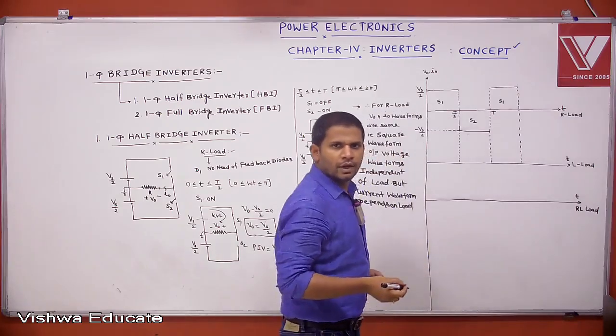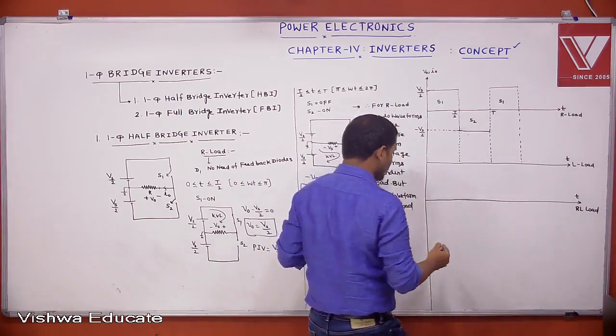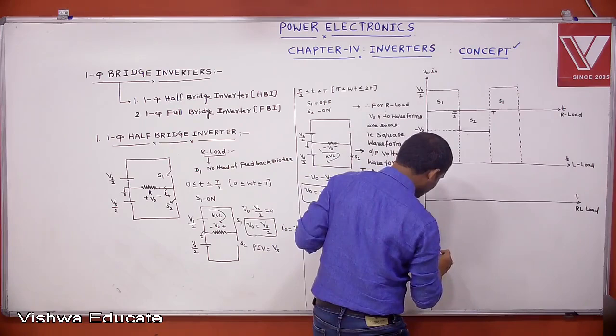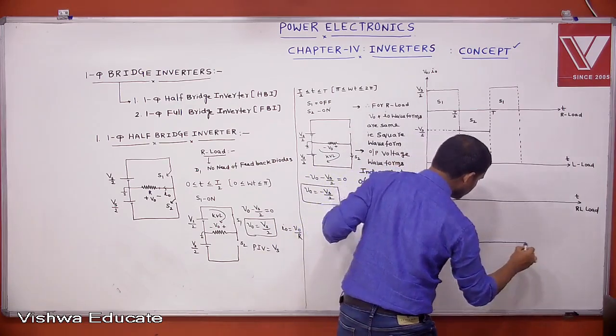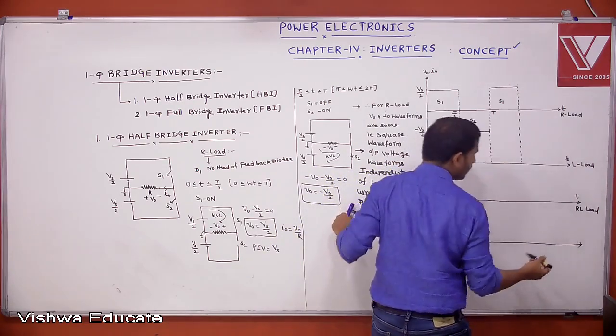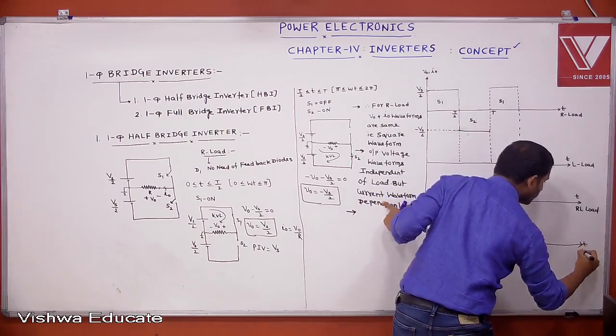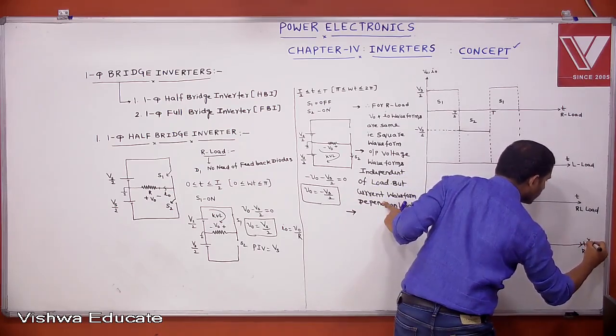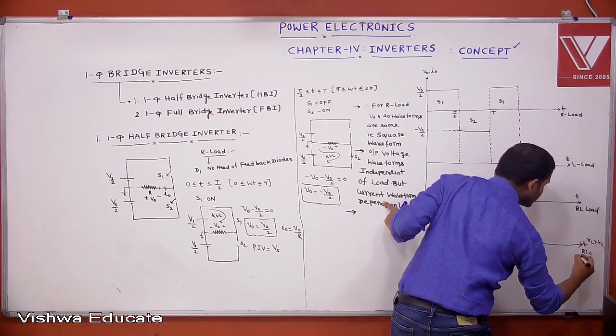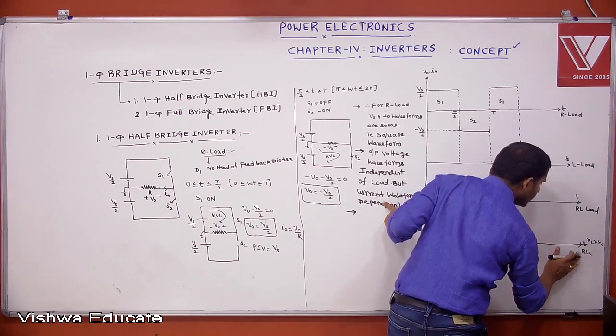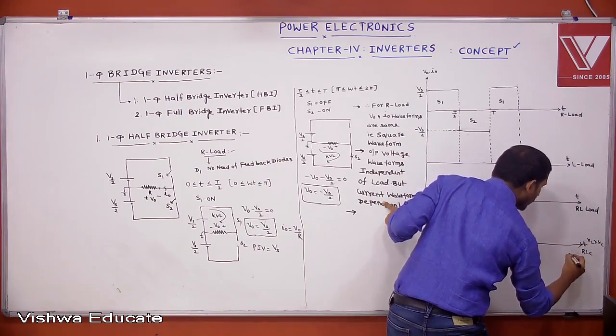Now you draw the waveform for RLC, XL greater than XC. XL greater than XC means this is the over damped case.